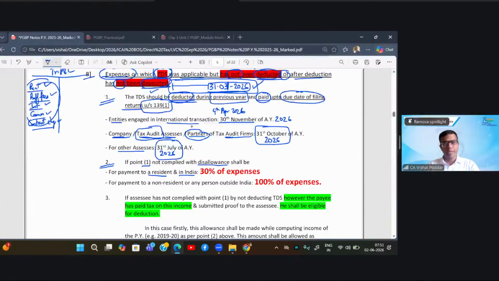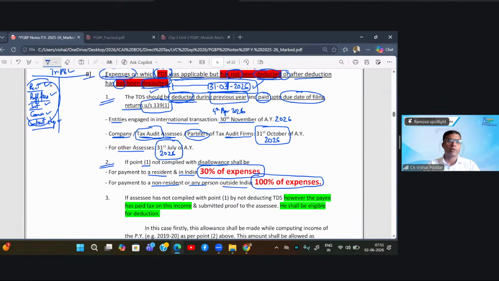So if the payment is made in India to a person who is a resident of India, then not the entire expense, only 30% of the expense is disallowed. However, if you have made payment to a non-resident or to any person and the payment is made outside India, then 100% of your expense is disallowed.